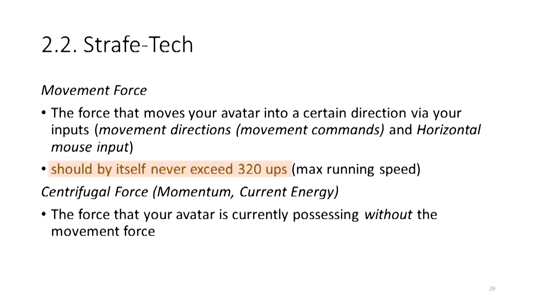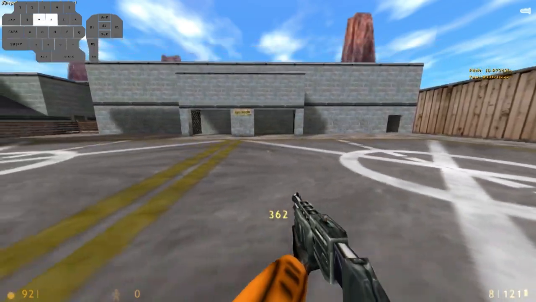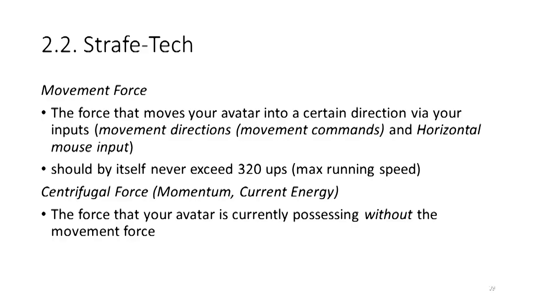Because your movement commands by themselves never exceed 320 UPS for one direction, they should never exceed 320 UPS ground speed as a whole. As you can see, circling movements only done with movement commands achieve a higher speed than 320 UPS. The reason for this is an additional force that I want to call centrifugal force.